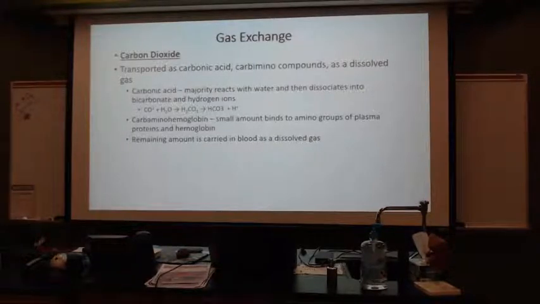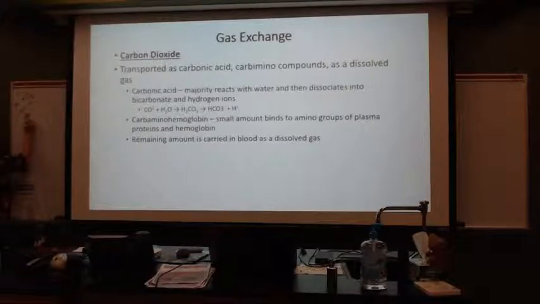Carbon dioxide, the way that we are going to transport this gas that is toxic to us, okay? Well, carbon dioxide is not going to compete for a heme group.